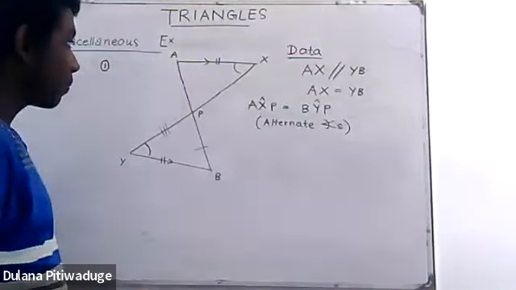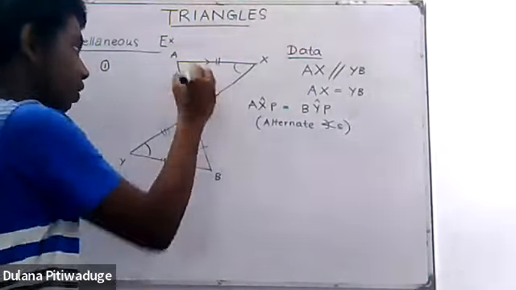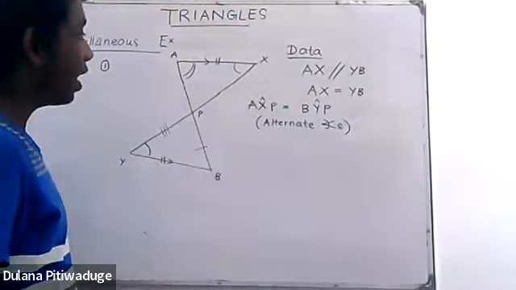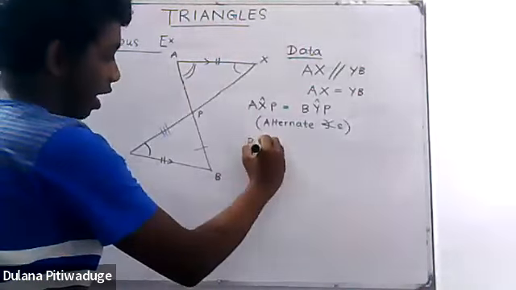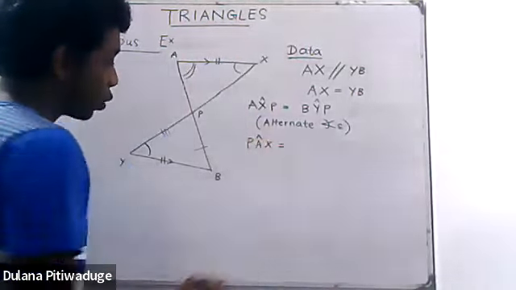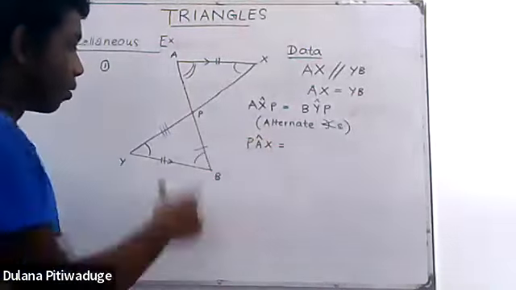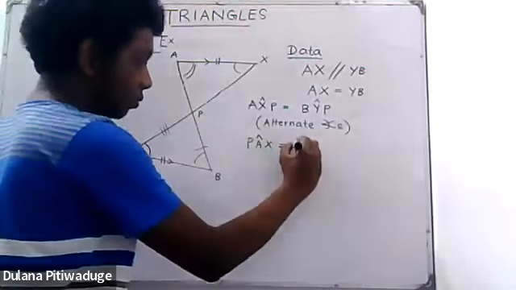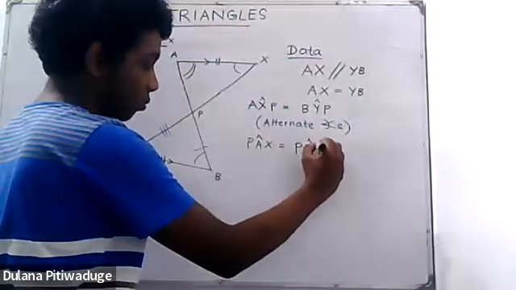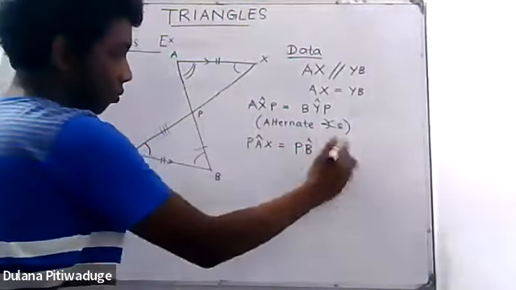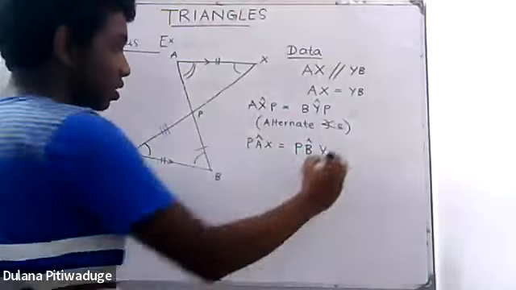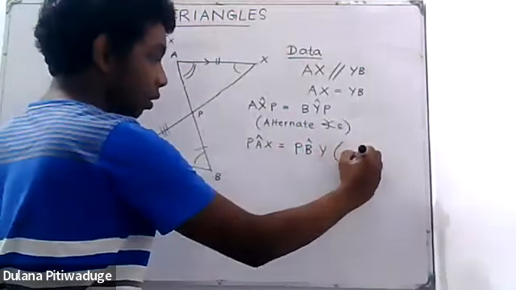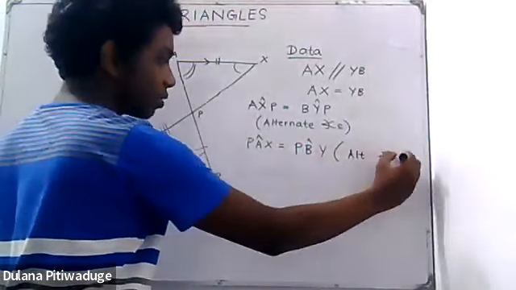And similarly, you can consider this angle over here, angle PAX. Angle PAX is equal to angle PBY. The same reason, alternate angles.